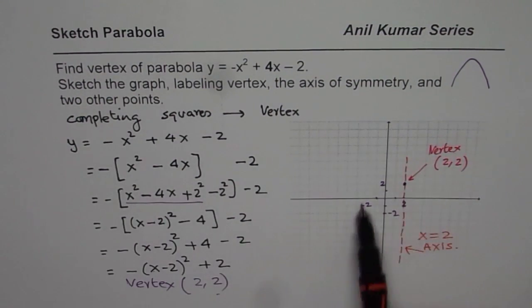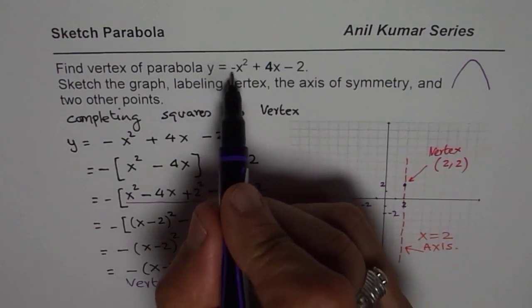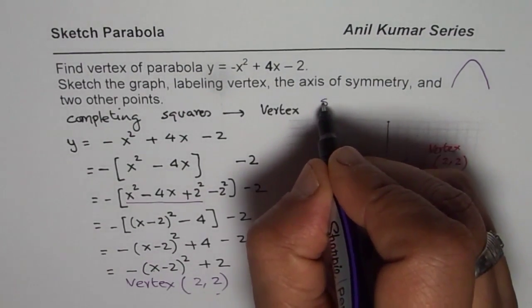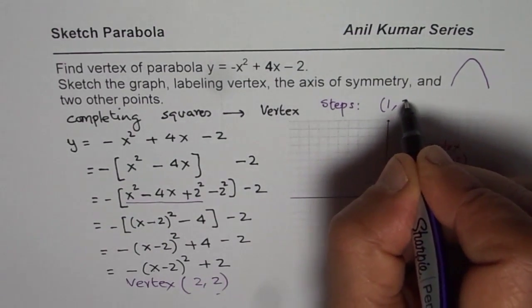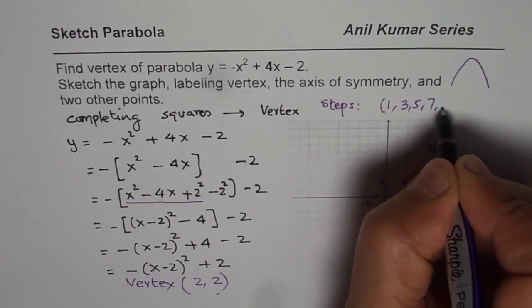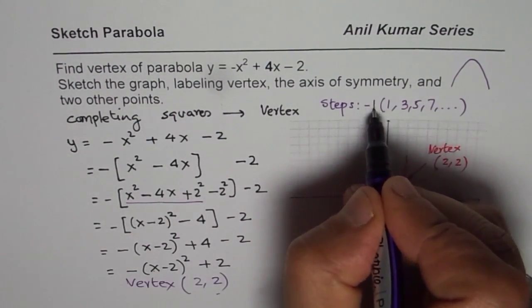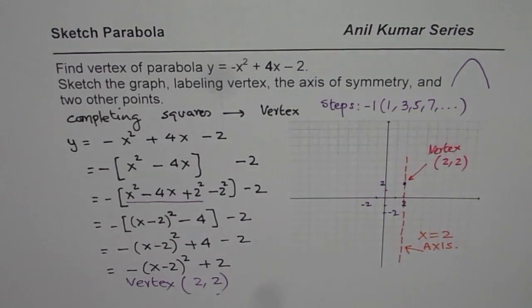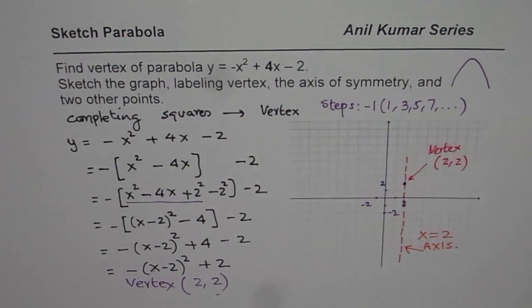Now, to sketch the parabola, from the vertex we are going to start, and we'll follow a step pattern. Since the coefficient is negative 1, our steps are going to be what? Tell me. It is normally 1, 3, 5, 7 and so on. Since the coefficient is minus 1, they get multiplied by minus 1. So the steps are minus 1, minus 3, minus 5 and so on.